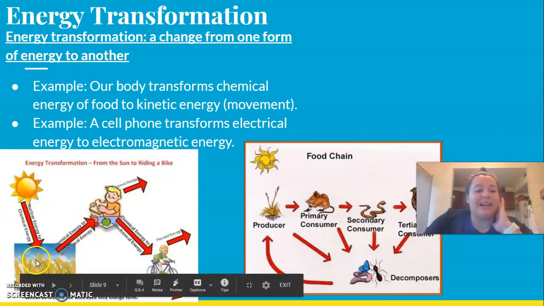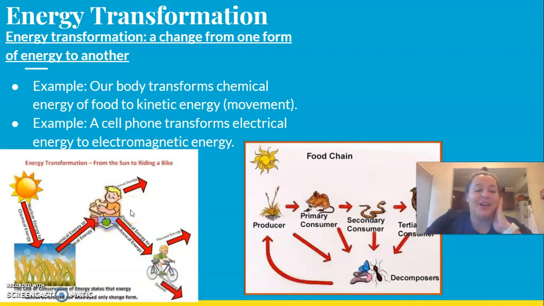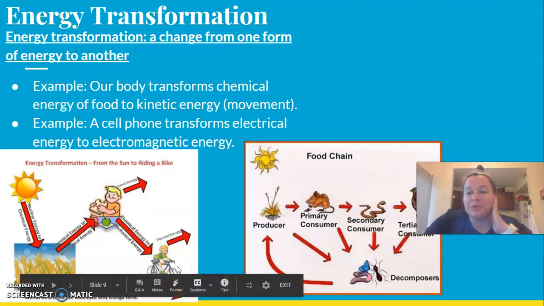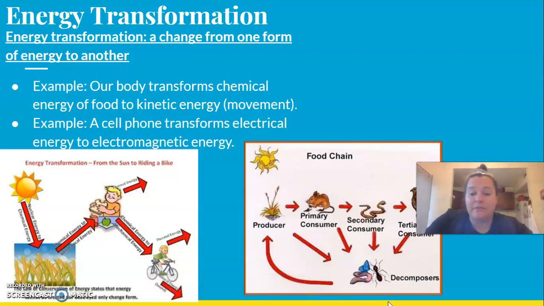Then whoever eats the producers, the consumers, will take that energy in, and the consumers can use that for motion, or other consumers can eat those, and then eventually everything dies and decomposers break it down and use that energy, and then it all kind of starts over from there.